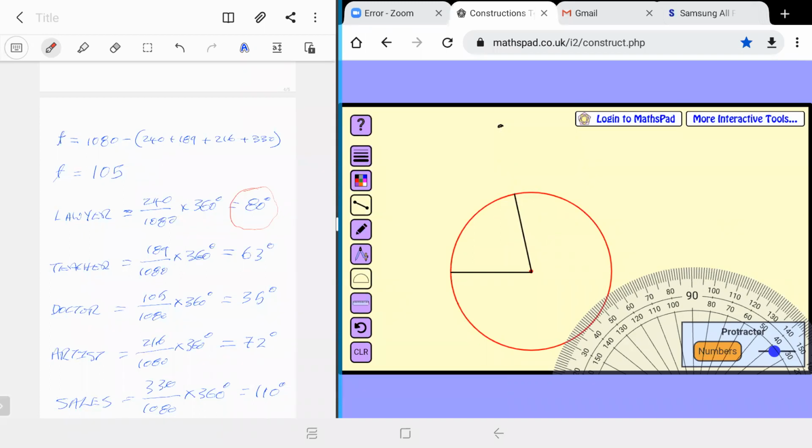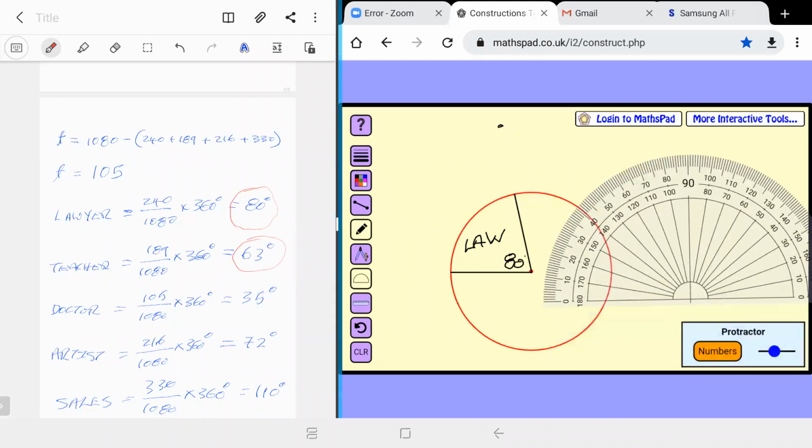That's my first sector. And I can write in my 80 degrees. I can put in my law. Let's just write law for the time being. That's my first sector. Then for the second sector, I need 63 degrees. But I'm starting from that second line that I drew.